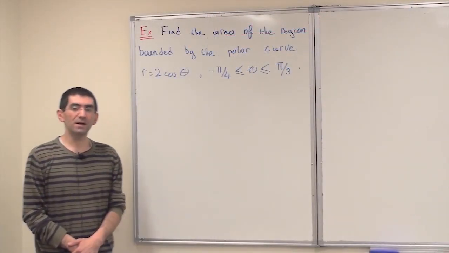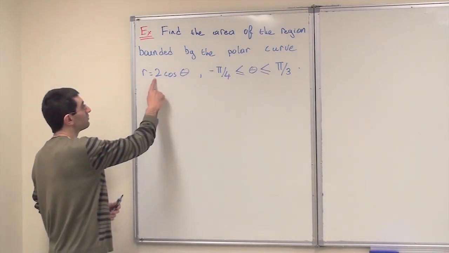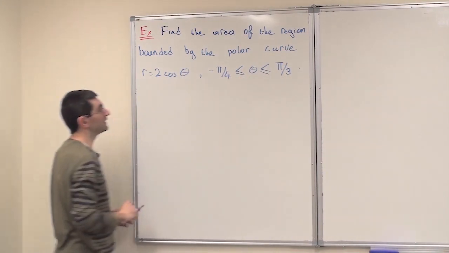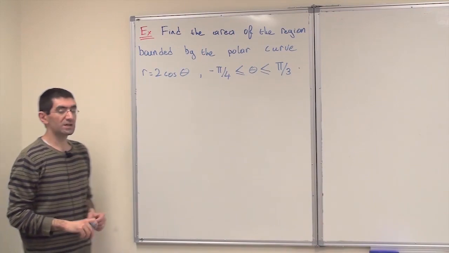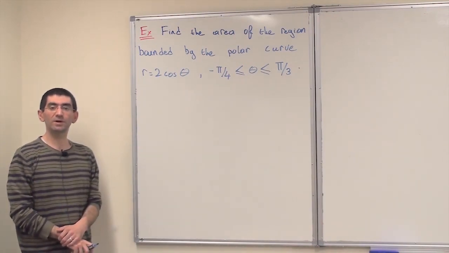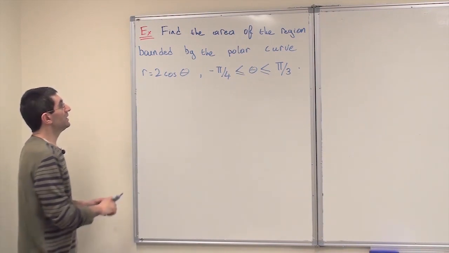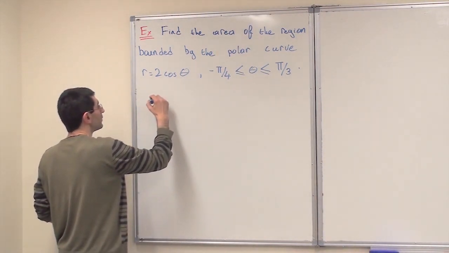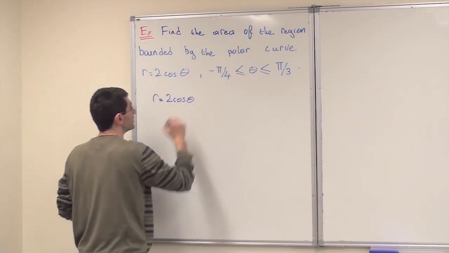In this exercise, we are going to find the area of the region bounded by the polar curve r equals 2 cosine theta, where theta is between negative pi over 4 and pi over 3. For these kinds of questions, it's highly recommended that you first sketch the polar curve. To sketch it in this exercise, we are going to first convert it into Cartesian equations.